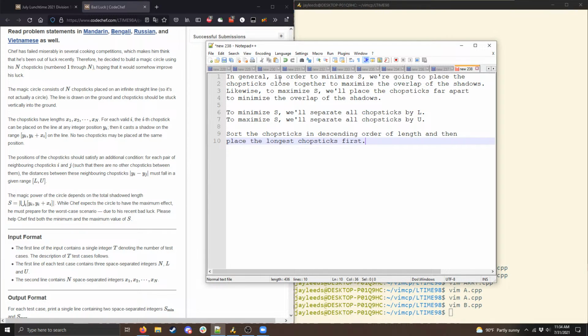I don't have a proof of this, but the intuition behind it is that if we place the long chopstick first, that'll maximize the number of future chopsticks that it overlaps with later on. So that way we'll maximize the extent to which this chopstick overshadows other chopsticks in the future.